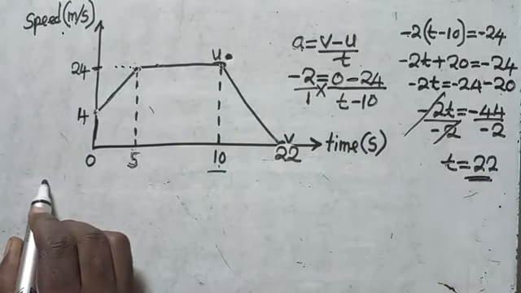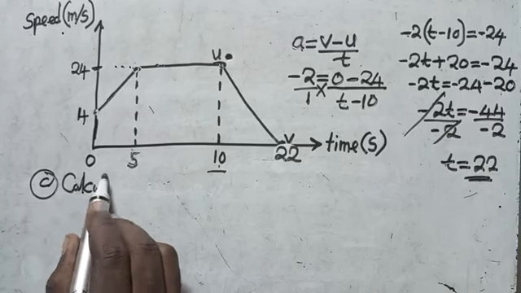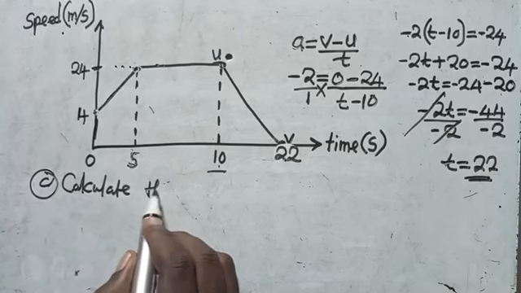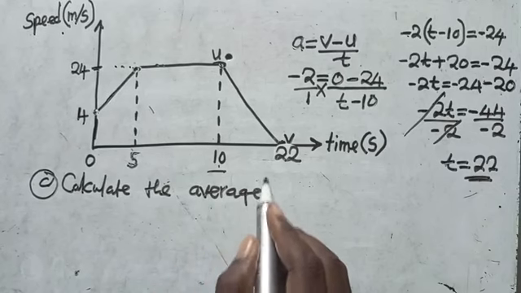The last question, this is part C, is saying calculate the average speed.